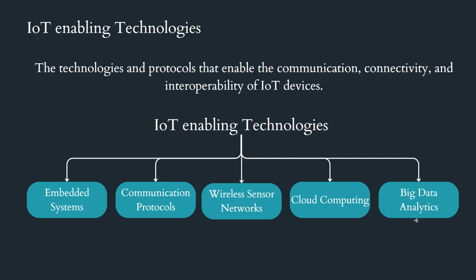Then big data analytics. Big data refers to large scale data, which we need to manage somehow. IoT systems also need the knowledge of big data and managing such big data.